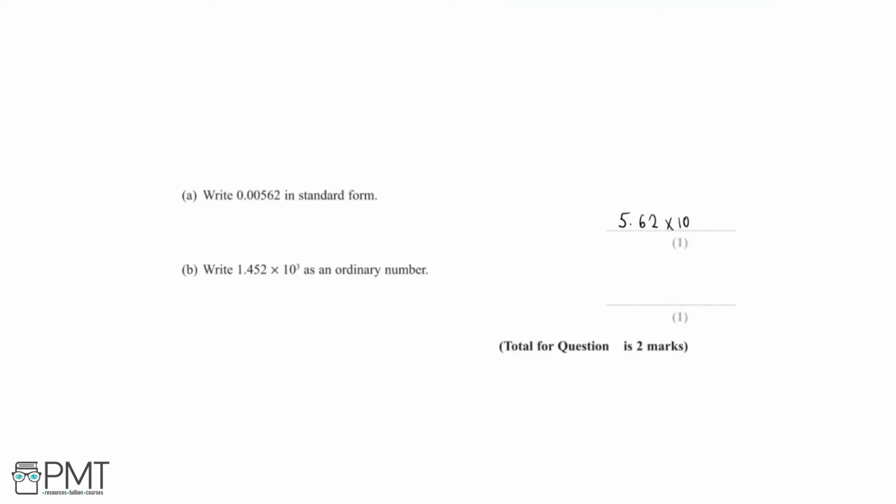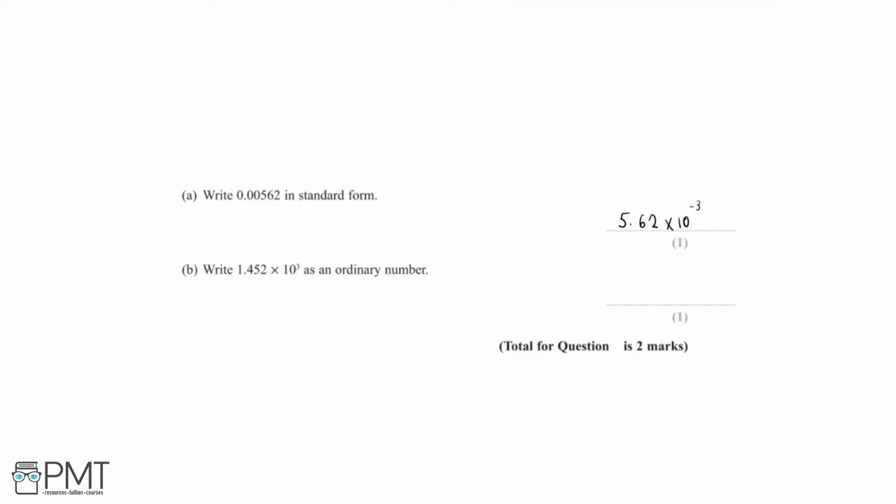And because we have a decimal number that's smaller than 5.62, we're going to have a negative power. Now to get from 5.62 to 0.00562, we divide by 1000, and so our power will be times 10 to the minus 3. And so we've found that 0.00562 in standard form is equal to 5.62 times 10 to the minus 3.